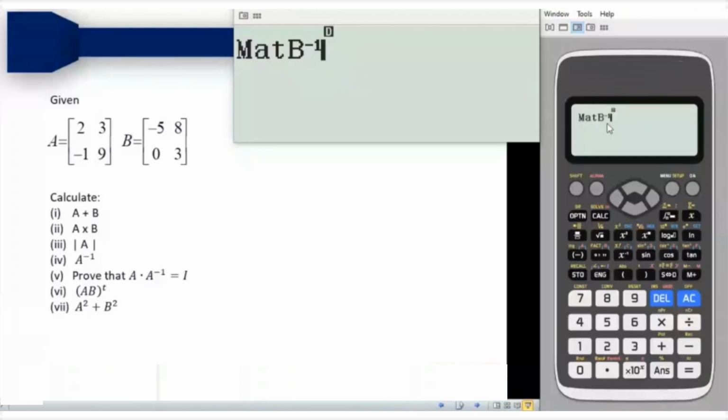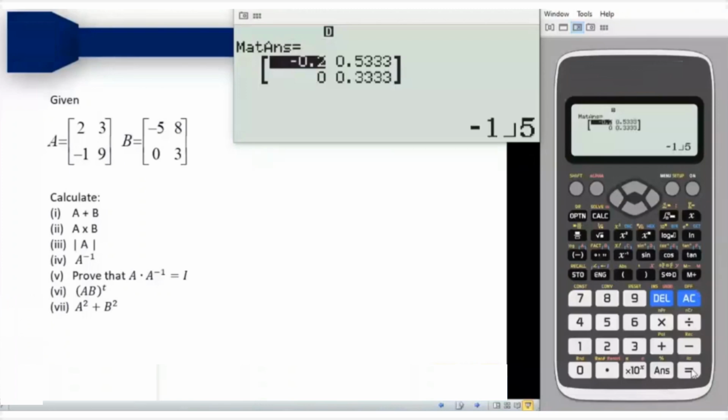So it means that I am trying to find inverse of matrix B. And when I press is equals to, I will get inverse of matrix B. And my answers are minus 1 upon 5, 8 upon 15, 0, 1 upon 3. I hope this is clear now.